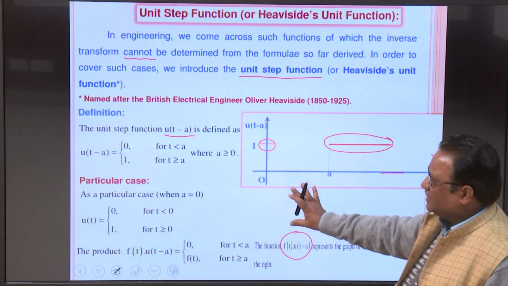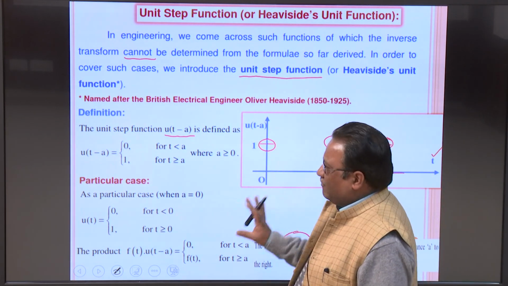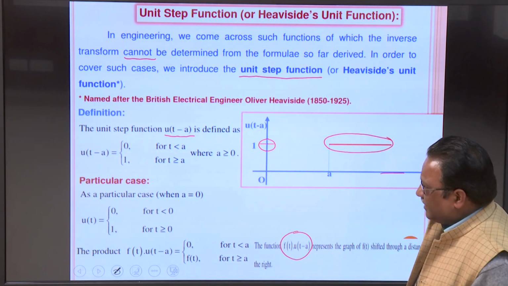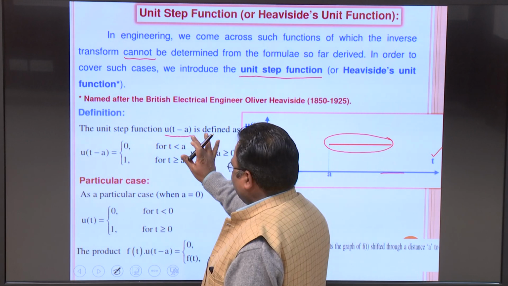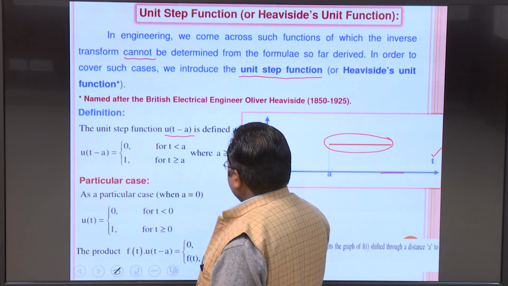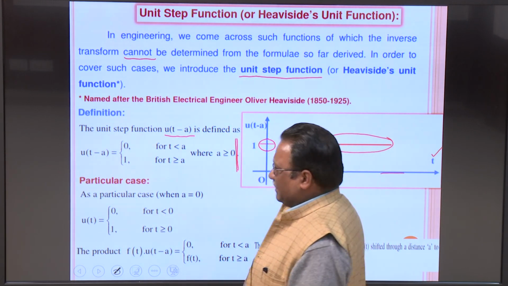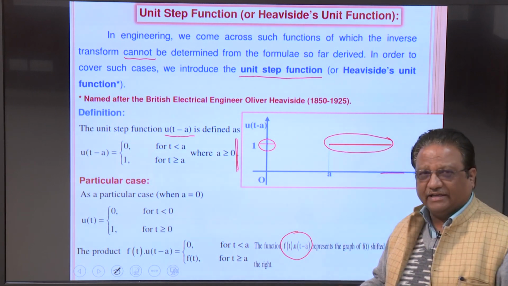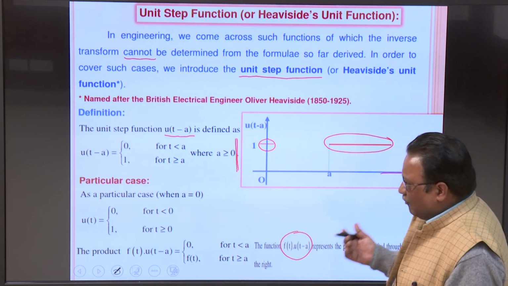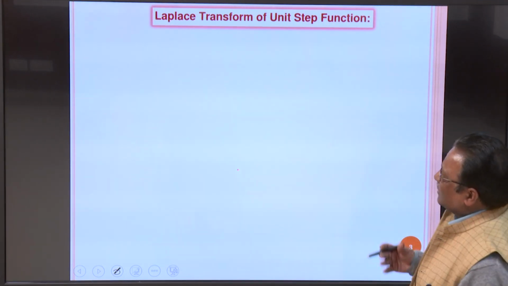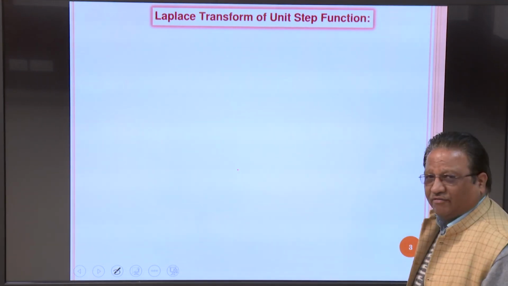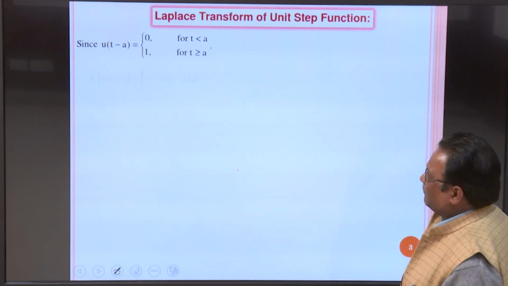So, this is all about the unit step function. Always remember, the unit step function u(t minus a) is defined as 0 when t is less than a and 1 when t is greater than or equal to a. Now, let us calculate the Laplace transform of the unit step function.